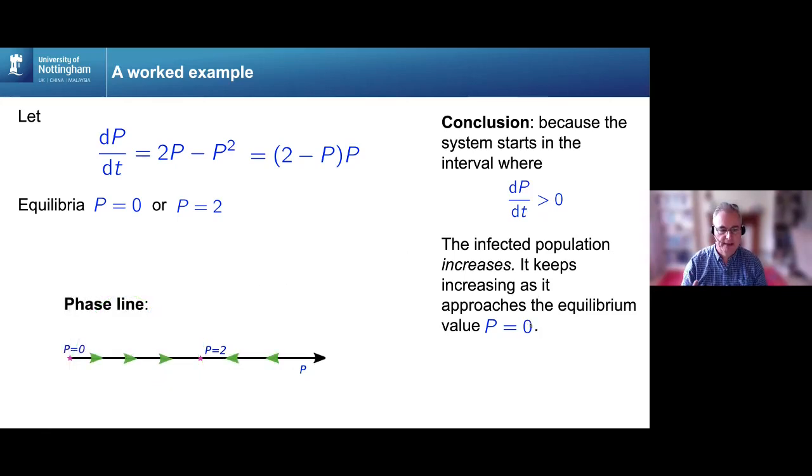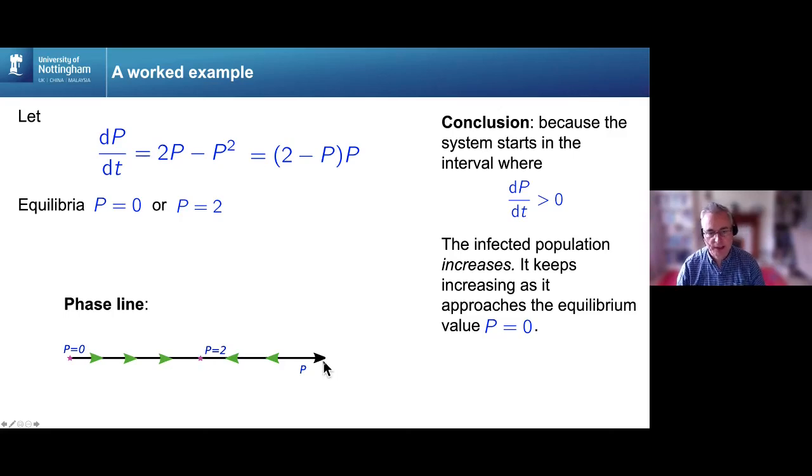Now we can represent that nicely using something called a phase line. And here, for example, I'm going to represent that information. If my initial population is between 0 and 2, the derivative is positive, the solution moves from left to right, and I indicate that by arrows. And eventually, any starting condition in that part of the real line ends up on the equilibrium p equals 2.